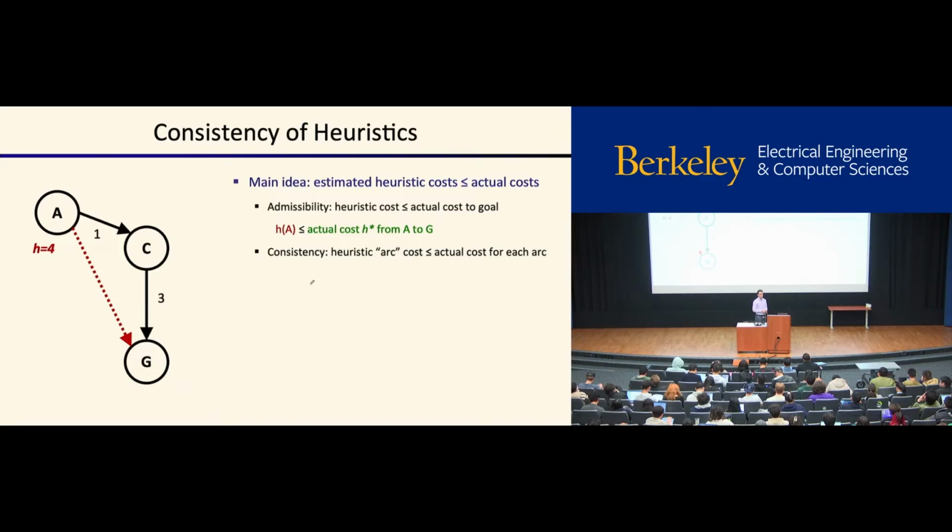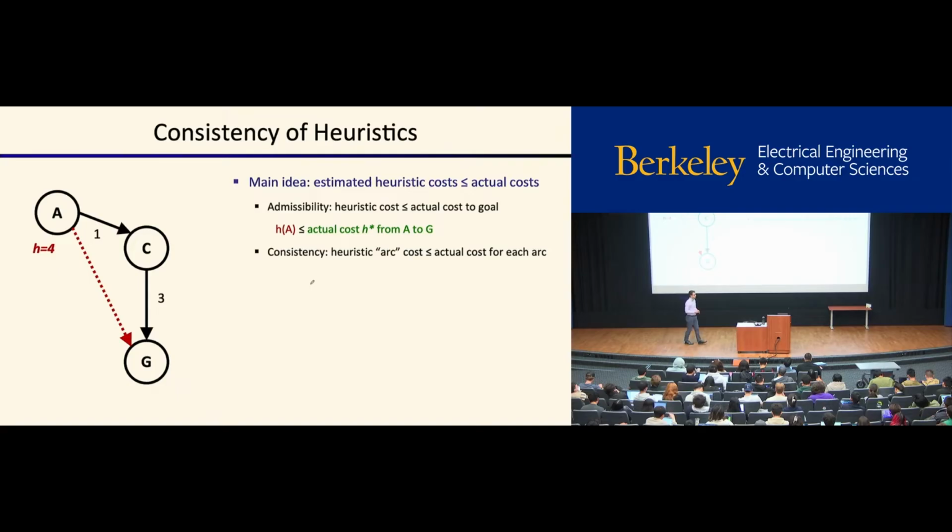If we're underestimating all of those costs, we have a consistent heuristic. And if we're sometimes overestimating those costs, it's an inconsistent heuristic. This is a different concept from admissibility. Admissibility says I only care about estimating the cost from any node to the goal. And this idea is saying, this could be any node to any other node. I want to make sure that I can underestimate those costs.